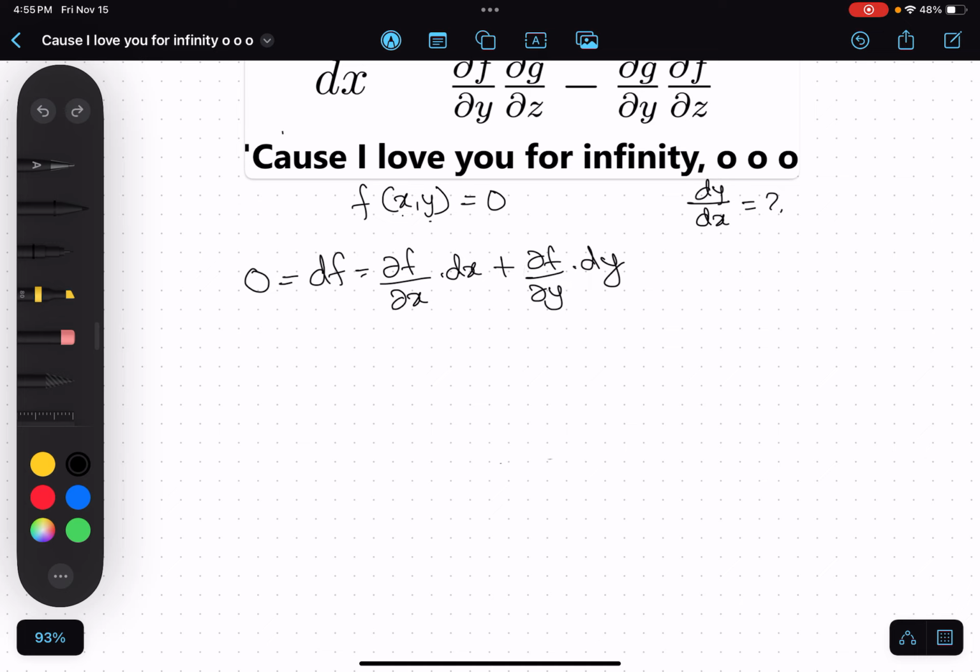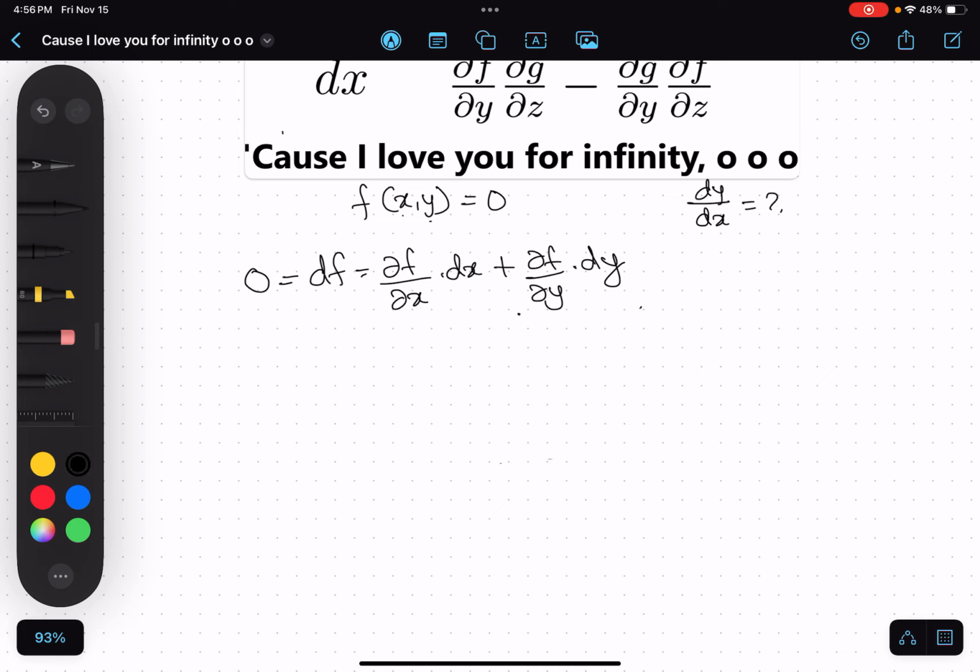And multiplying that by the amount of change in y, we get the change in f due to y. So basically this is change in f due to x, change in f due to y, and the entire thing, the total change in f due to change in x and change in y, is df, which in this case is 0. And this thing is also known as the multivariable chain rule, in case you want to know if this is a standard thing or not.